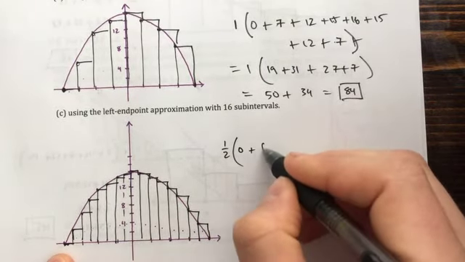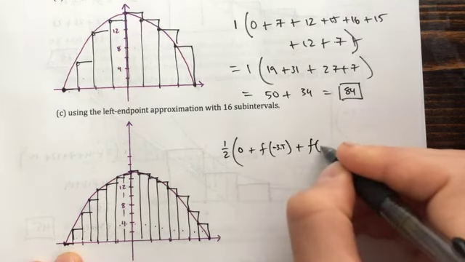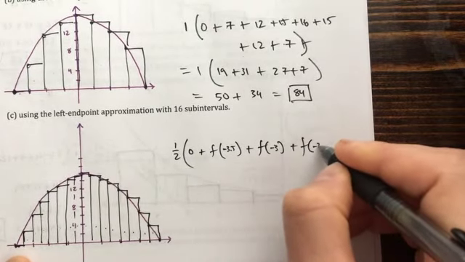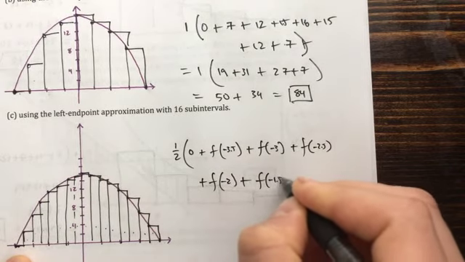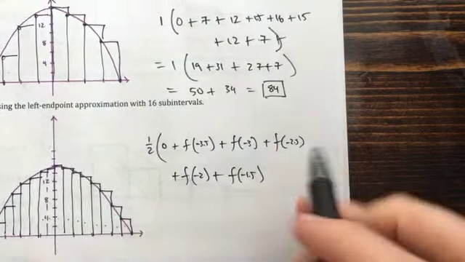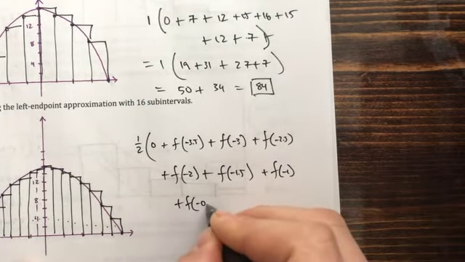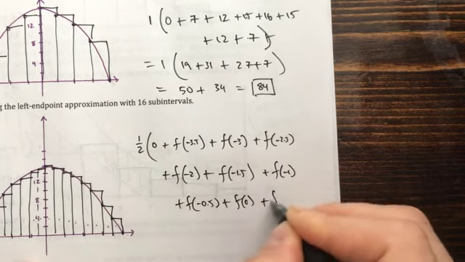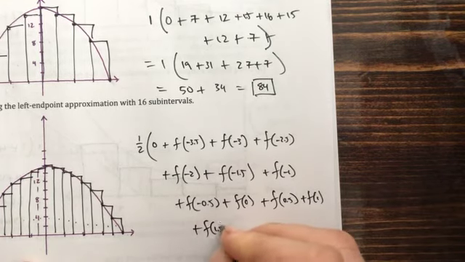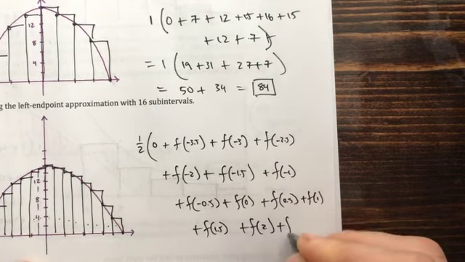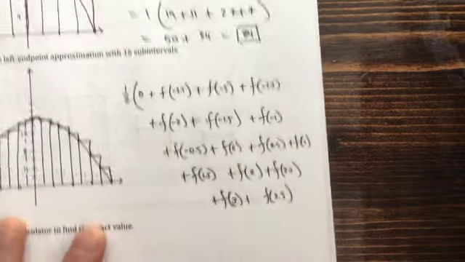Then I'd be adding f of -4 plus f of -3.5 plus f of -3 plus f of -2.5 plus f of -2 plus f of -1.5, realizing now that this should be g because I called it g of x, but whatever, plus f of -1 plus f of -0.5 plus f of 0 plus f of 0.5 plus f of 1 plus f of 1.5 plus f of 2 plus f of 2.5 plus f of 3 plus f of 3.5.